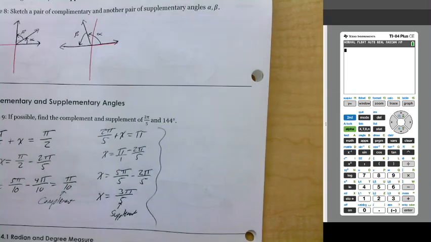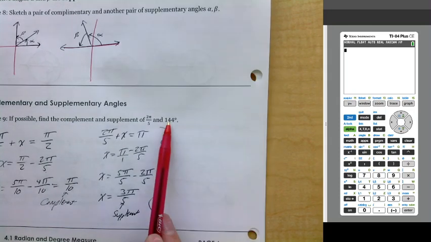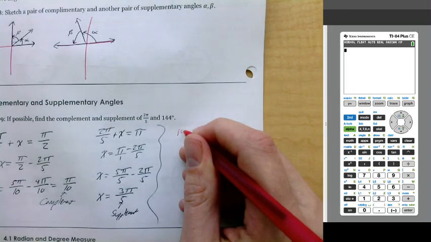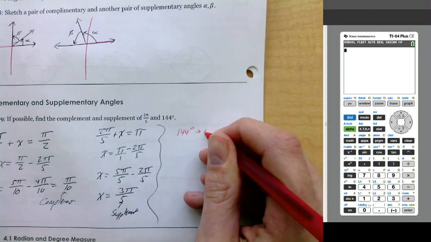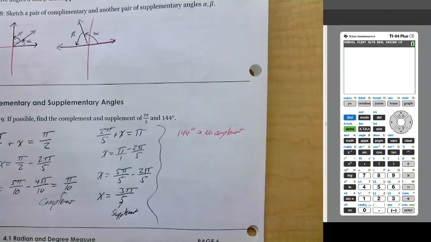Let's do the 144. This one should be a little bit easier, so we're more comfortable with degrees. Complement means they add up to 90. But 144 is greater than 90, which means I would have to add a negative angle. And we just stated above that complementary angles cannot be negative. So, for 144 degrees, we don't have a complement. But do we have a supplement?